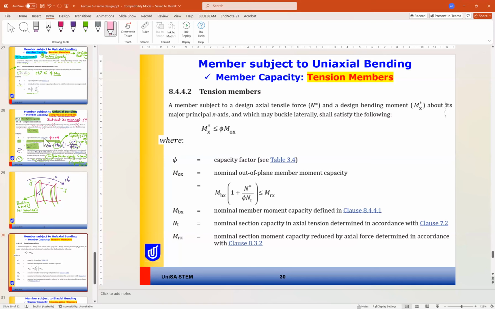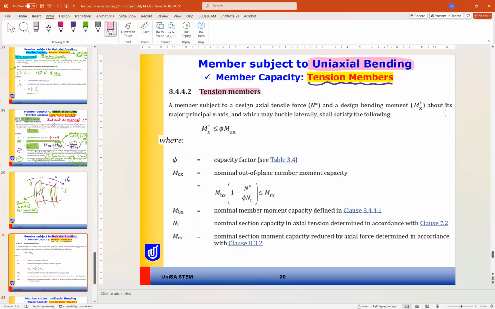So the next case is a uniaxial bending member, but the axial force is tension, a tension member.